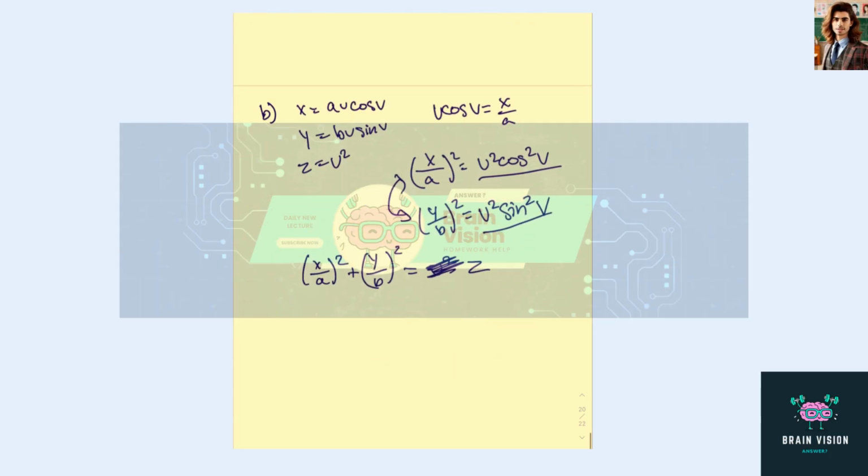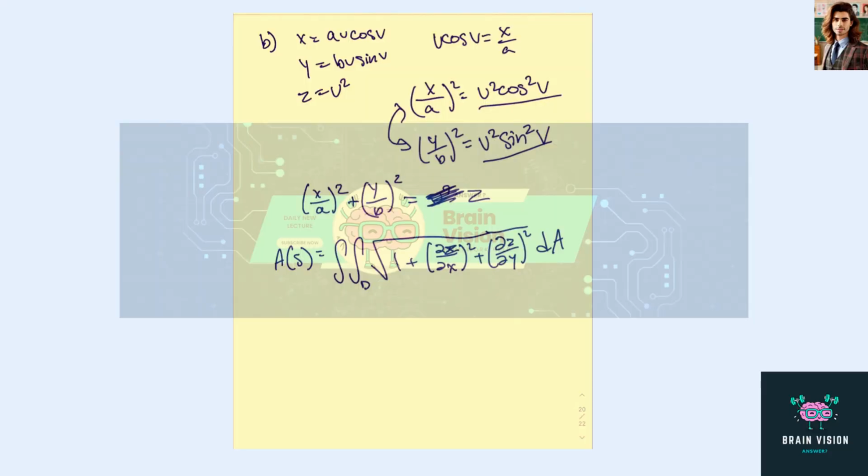To find its surface area, we'll do this. It'll be equal to the double integral of the square root of 1 plus (dz/dx) squared plus (dz/dy) squared, dA.